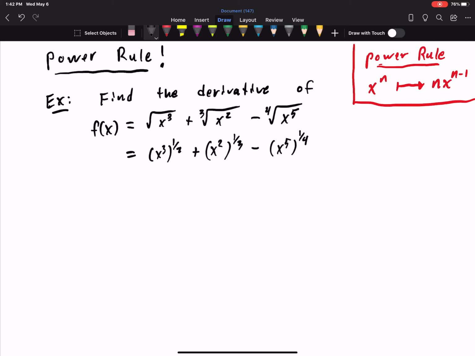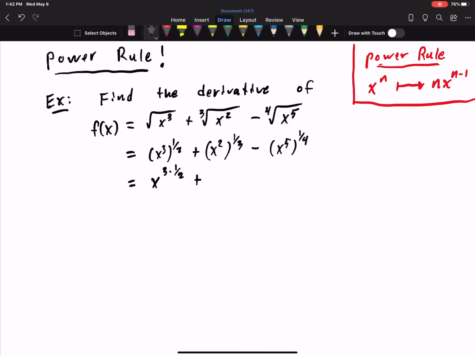So now how do we handle this? Can we derive this just yet? Not quite, because you don't have x to a single power. You have x to the 3rd to the half. So how do we deal with that? Exponent rules. When you have a power of a power, that's the same thing as the product of the powers. So you have 3 times 1/2 here in the exponent.